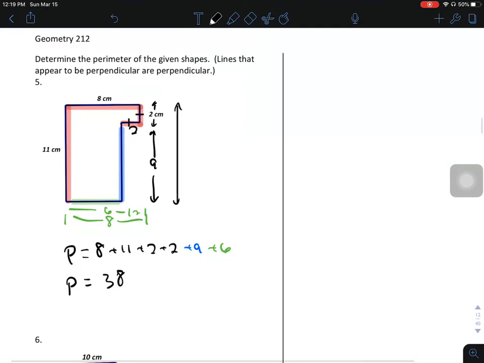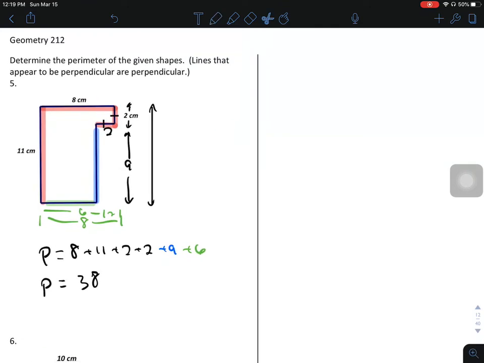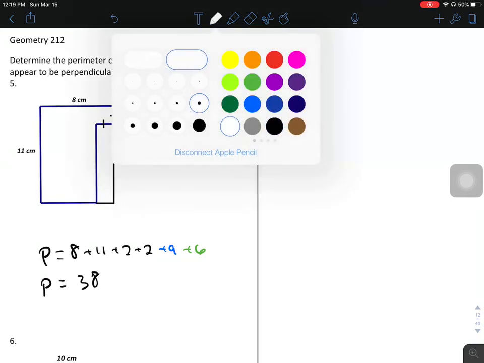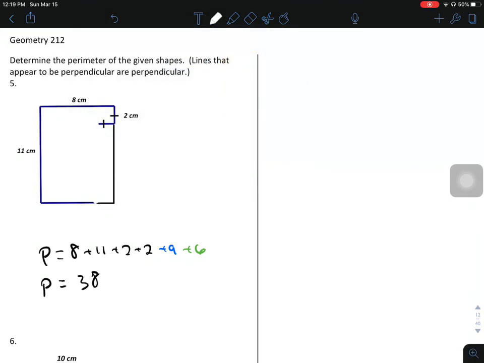Now let me show you a different way that you could do this that might make more sense or less sense. So I'm going to get rid of all this. This works for perimeter. This does not work for area. If I take that segment and this segment, and I slide this over and slide this one down, those interior segments aren't there anymore.